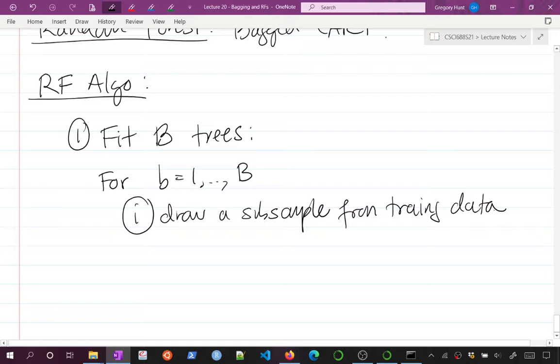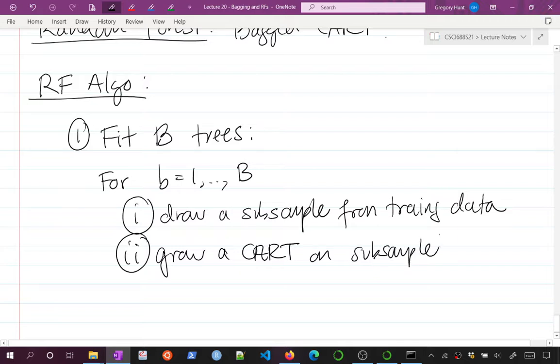And the classic bagging algorithm would be to fit a tree, say a regression tree or a classification tree, to each of these subsamples. There's a second random step in the random forest, is we're going to grow a CART, either a regression or a classification tree, on the subsample.